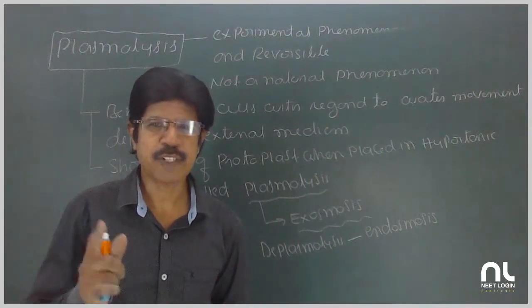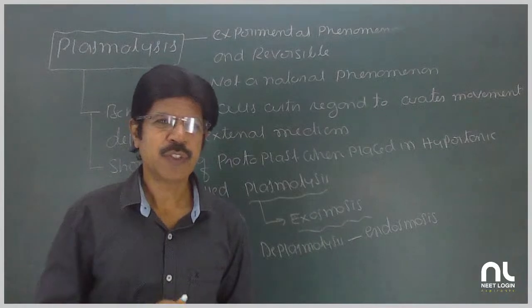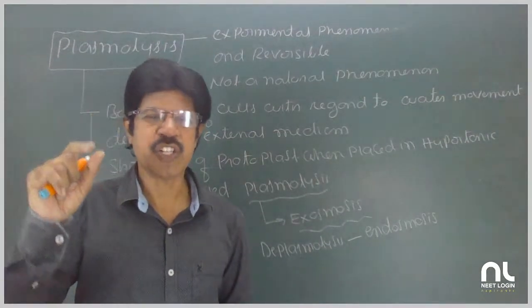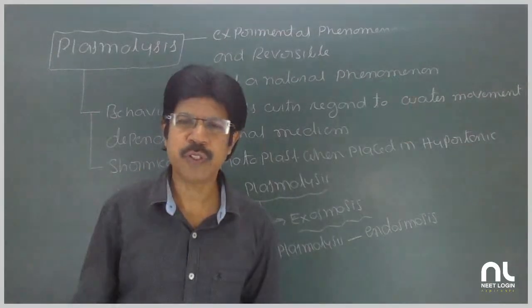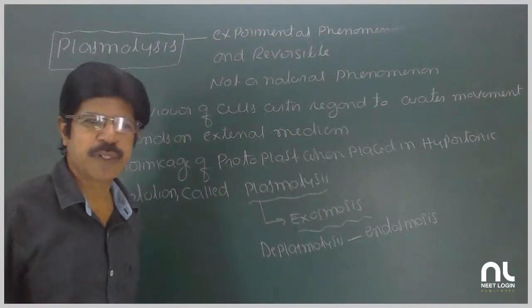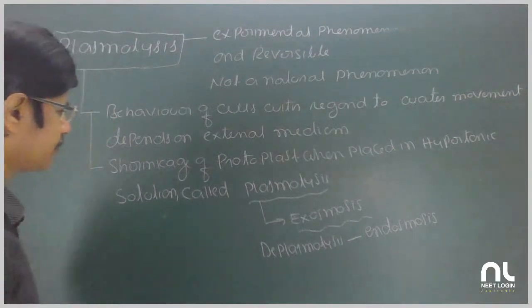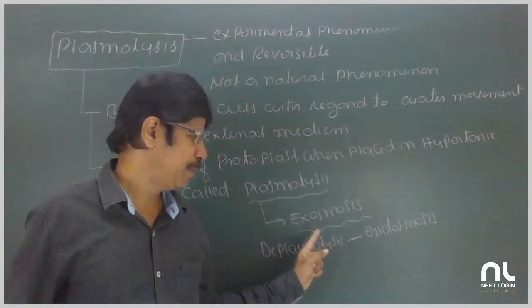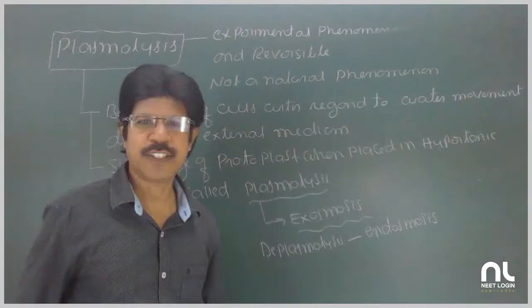In a plasmolyzed cell, pressure potential is 0. So water potential is equal to solute potential. This is exosmosis; deplasmolysis is endosmosis.